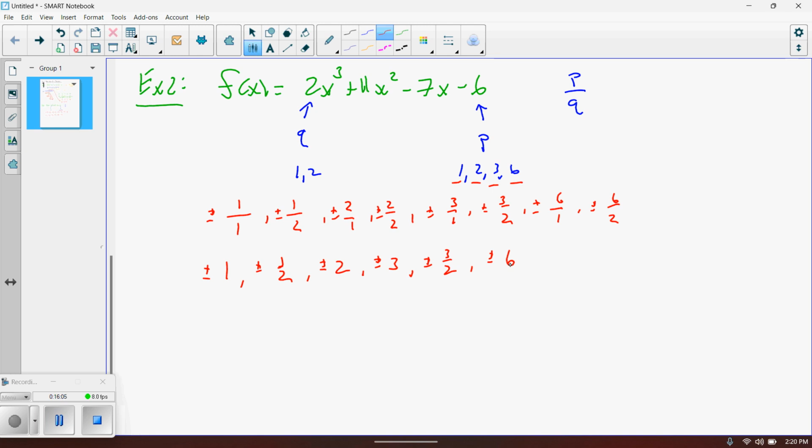Still, I have 1, 2, 3, 4, 5, 6. I have 6 values, the positive and negative. So I have 12 different possibilities for things that could be the zeros of this function. That's a lot of different possibilities to check. The nice thing is once you find the first one, then you can apply long division or synthetic division, whichever works best for you, to start working out the other ones, and it becomes a lot easier.